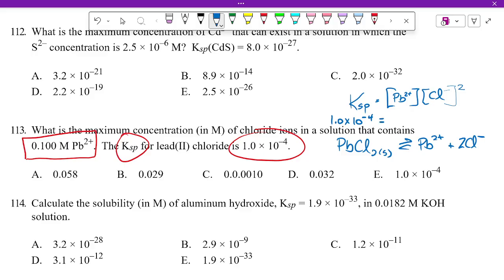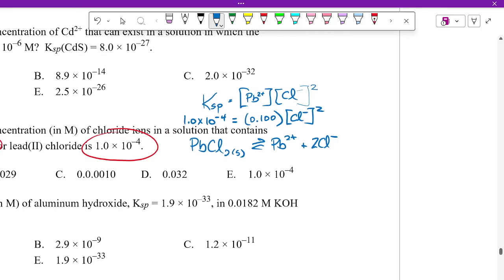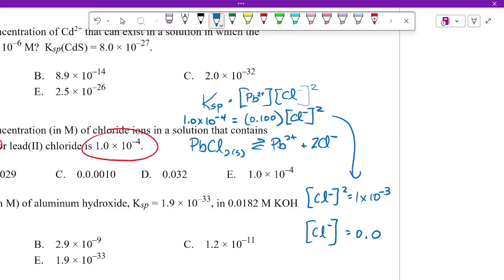We know our concentration of lead is 0.1. And so we can solve for chloride squared, which is 1 times 10 to the negative 3, I think. And that means the concentration of chloride is 0.032.